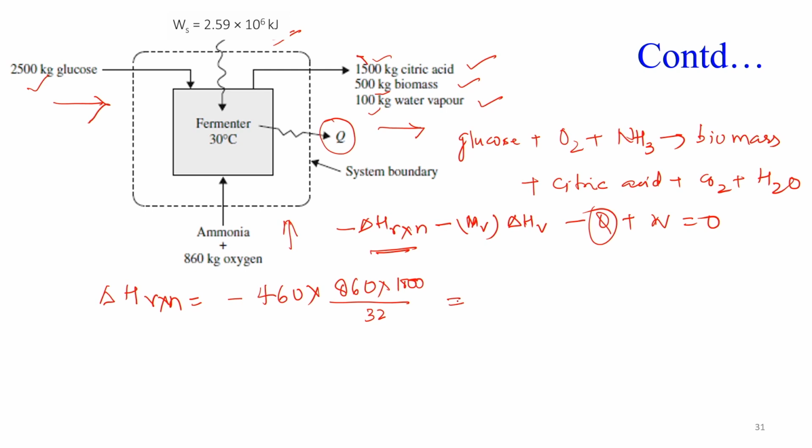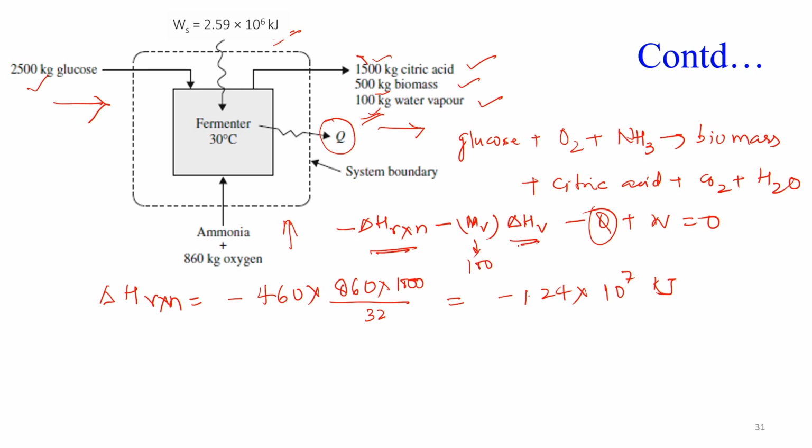So, heat of reaction is directly coming as minus 1.24 into 10 to the power 7 kilojoule. Now, mv, how much water lost is 100 kg, it is already given.